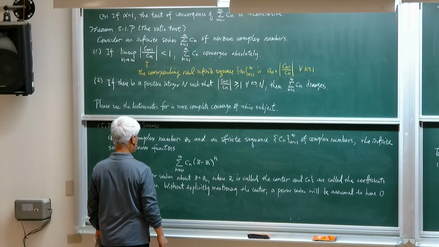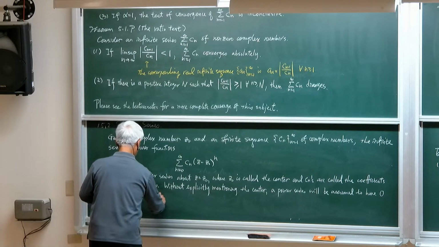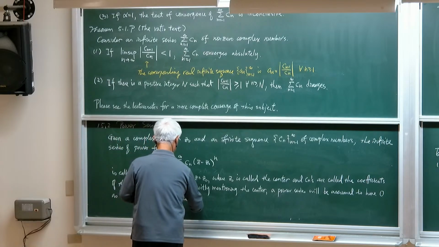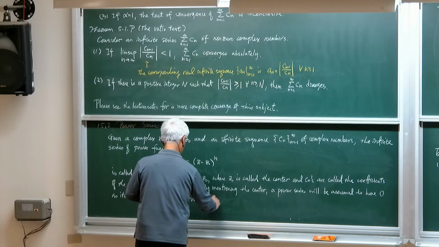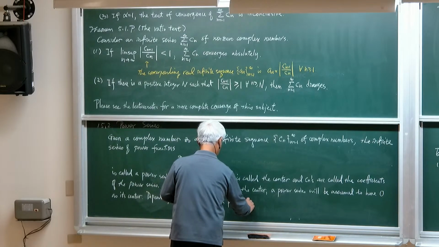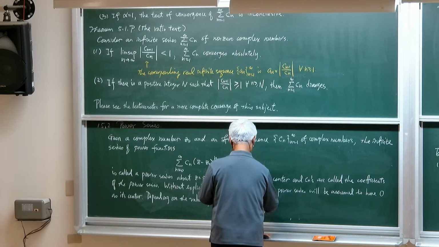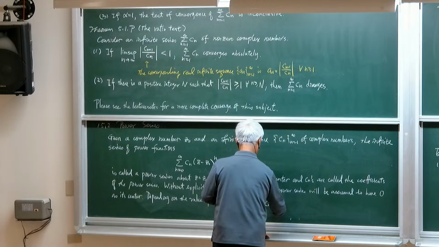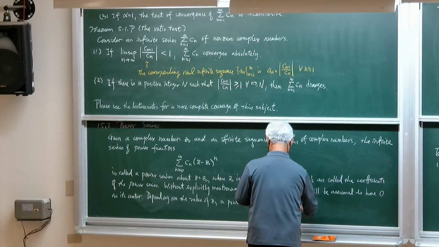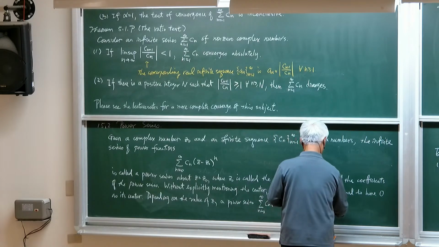Okay, so this is an infinite series of functions, and as we know, depending on the value of z, a power series, summation from 0 to infinity of c_n (z minus z0) to the n, may converge or diverge.